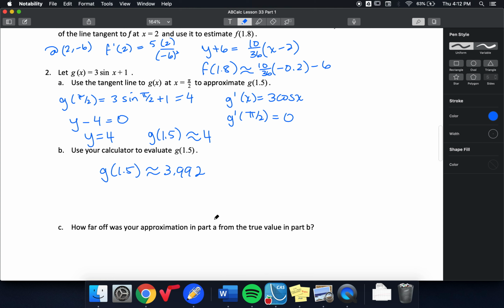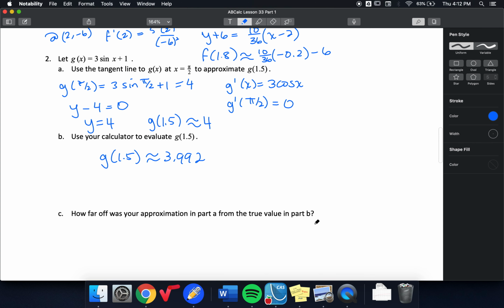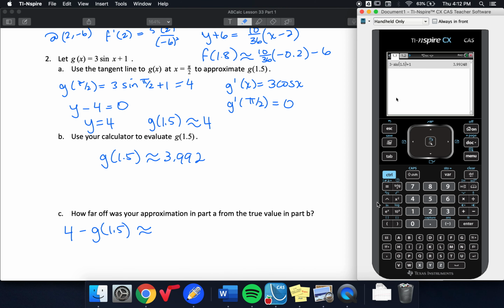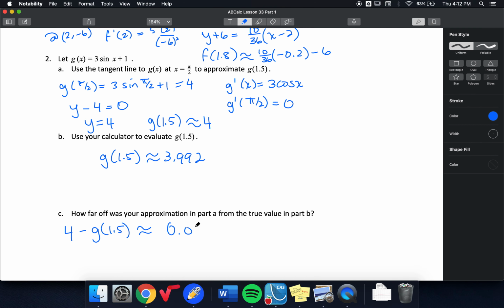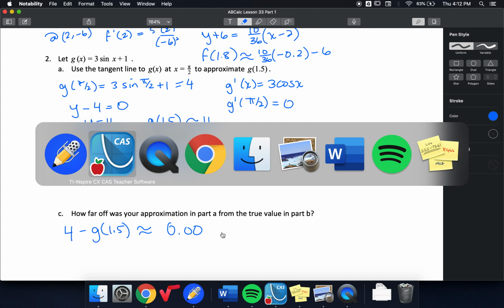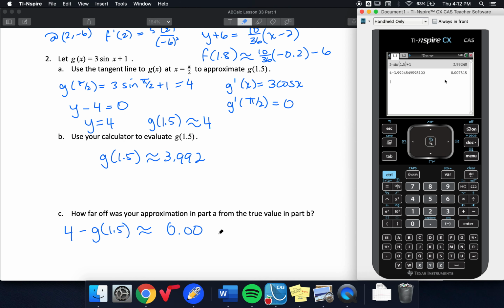So how far off was my approximation from the true value? Well, I can say that my difference, 4 minus g of 1.5, is approximately, so let's come back here and do 4 minus my answer, 0.0075, but really that doesn't tell me much.